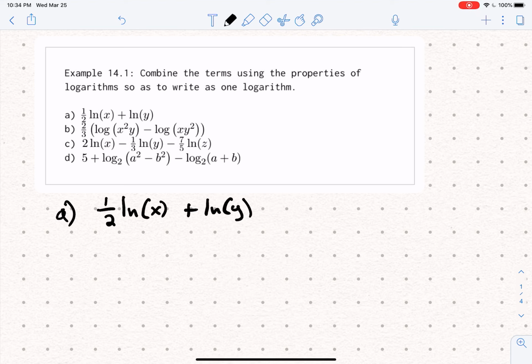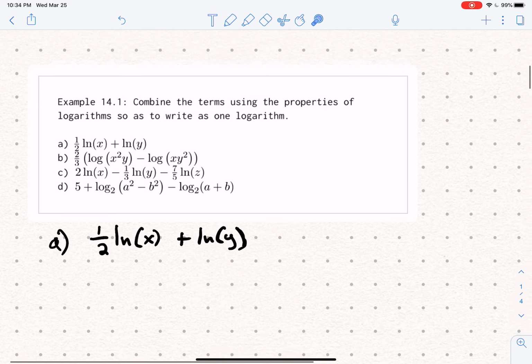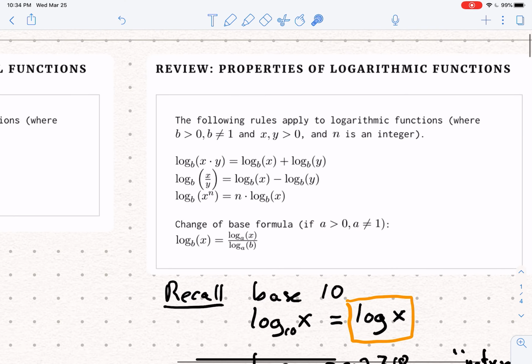This expression, 1/2 ln x plus ln y, the first thing that I am going to do is take the number in front of the natural log here. Remember, the natural log is just the log in base e, so all of these properties, these rules of logs here apply.